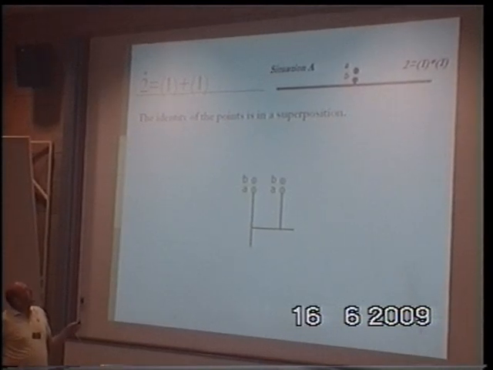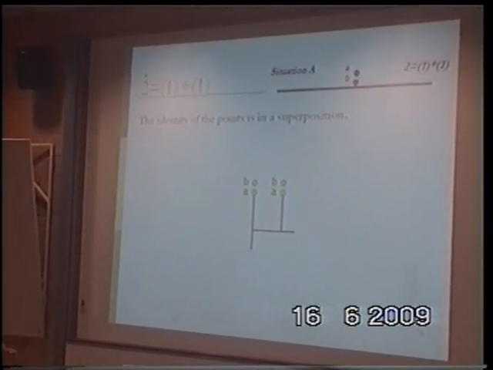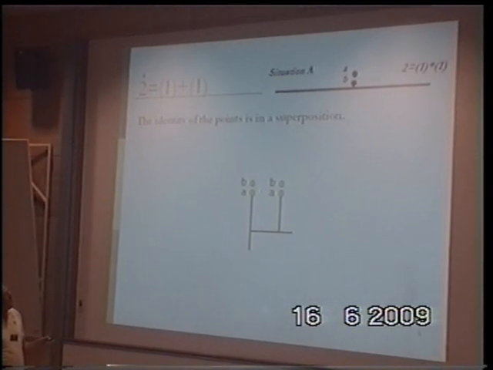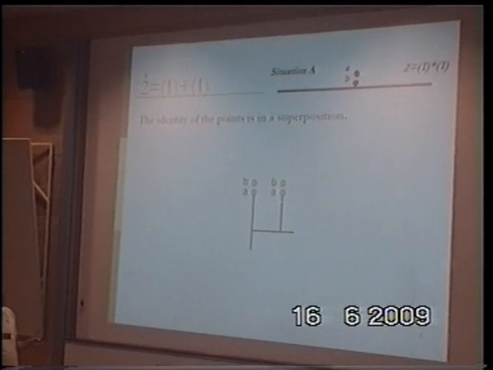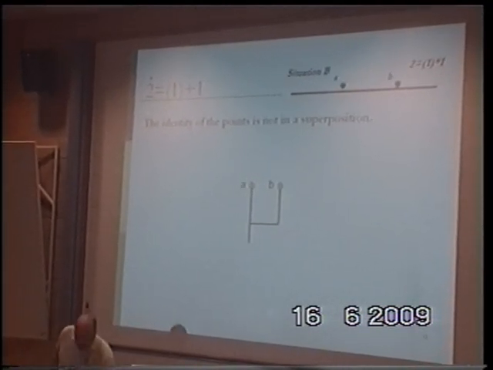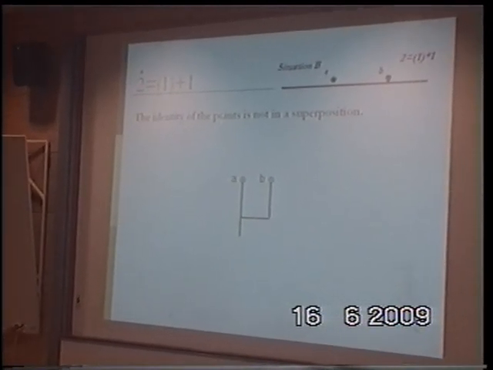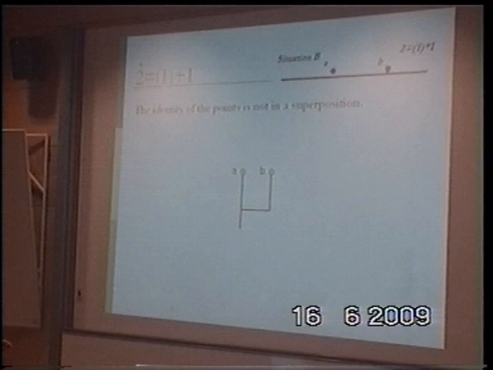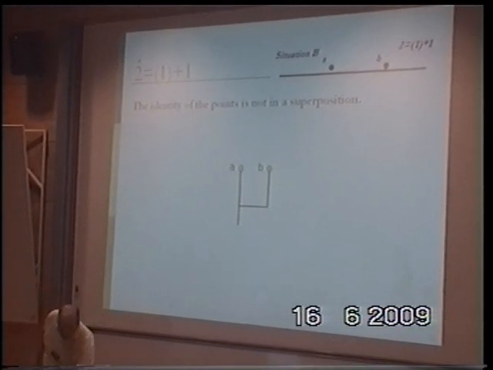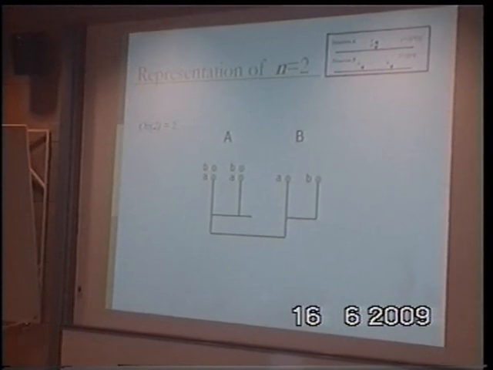When we have 2, in the first case, the identity of the points is in a superposition, which means that these bits can be a superposition of A and B, and this can be a superposition of A and B. And there's a case where we know exactly the identity. So the identity of the point is not a superposition. We summarize it by the 2 possibilities: uncertainty and certainty.